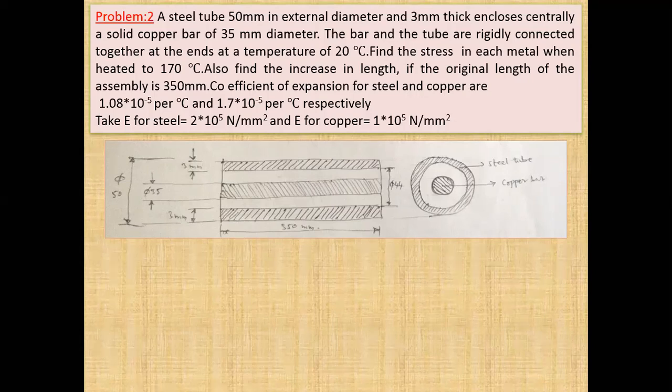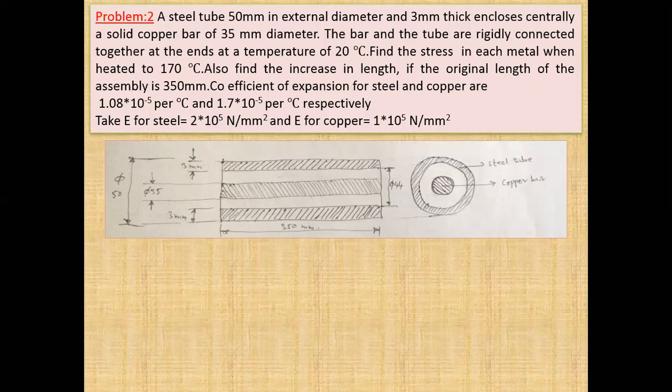Obviously, that copper is pulled back by the steel, which is actually expanding slowly. That's why the actual expansion of the copper would be lesser than what it would have been when it is free.